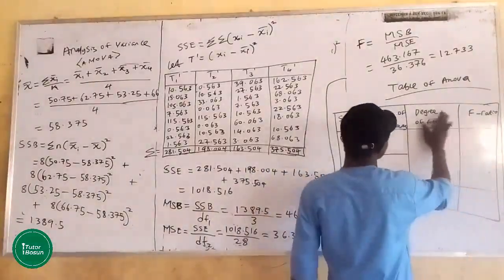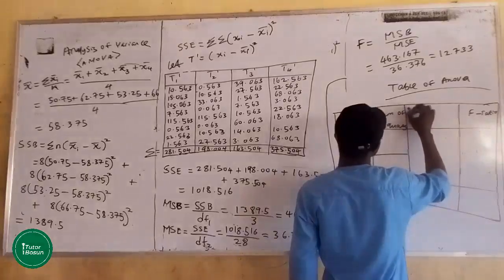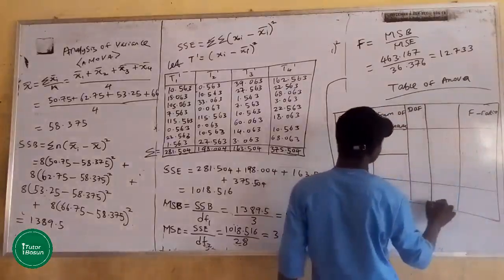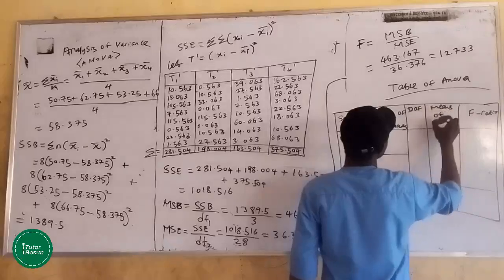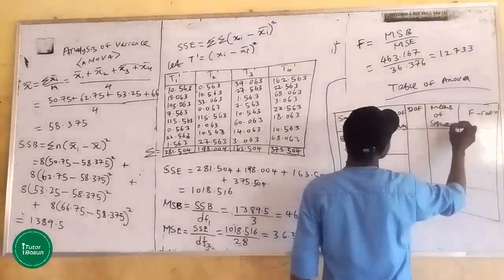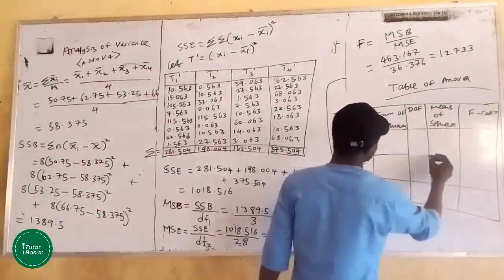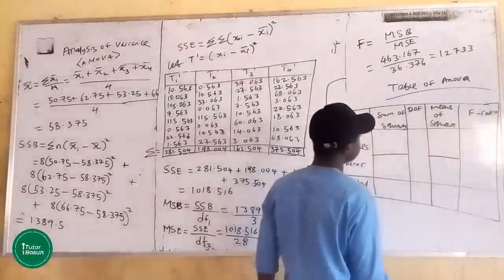So here, this should be for the degree of freedom, DOF, mean of square. So we have mean of square between, mean of squares of error, and degree of freedom.